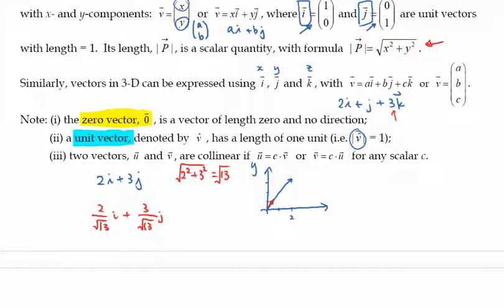This line is 1 unit long, giving us the same direction as the one that I create. Let me call this vector u, and this vector u will have the same direction as my vector, and the length of this unit vector will be 1 when you use your Pythagorean theorem to check it.